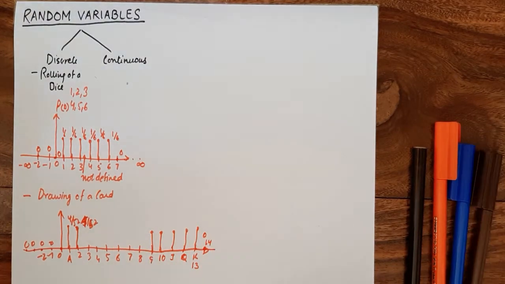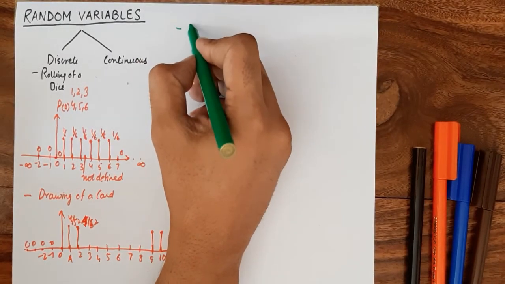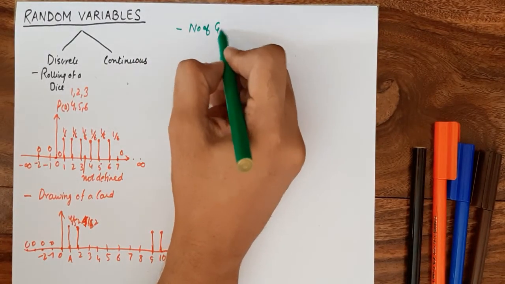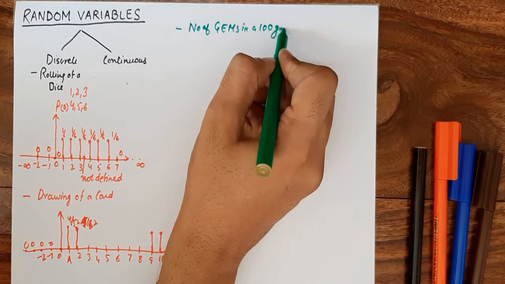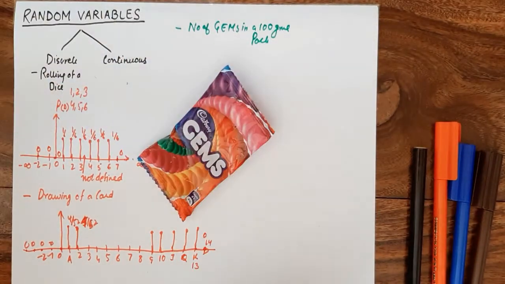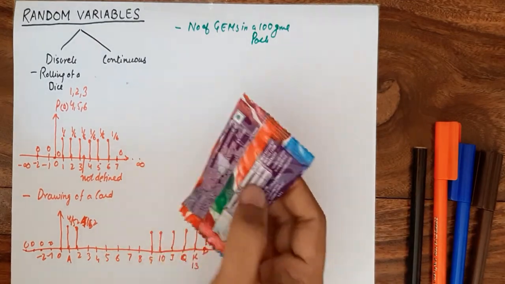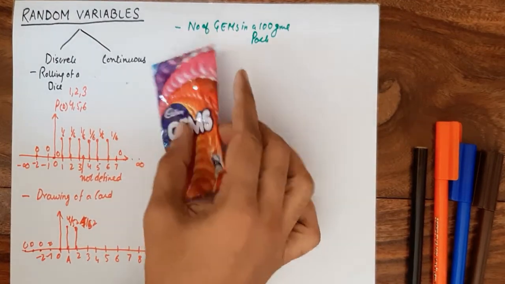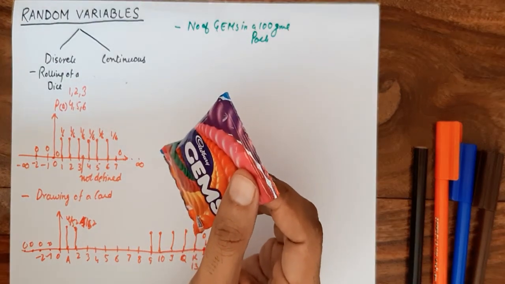Another example of a discrete random variable that I can think of, it is pretty random, is, let us say, the number of gems in a 100 grams pack. Now we know that if this is a pack of gems and it has a weight of 100 grams, we do not know how many gems will come out of these packs.